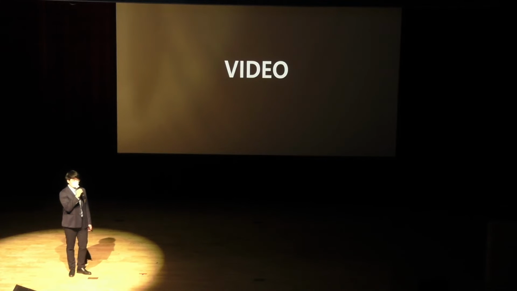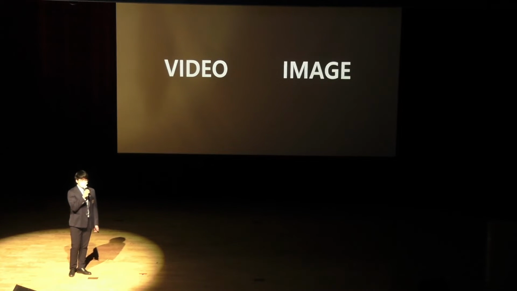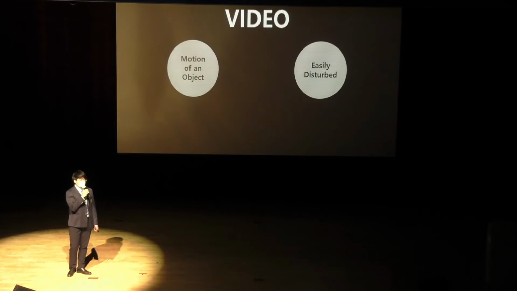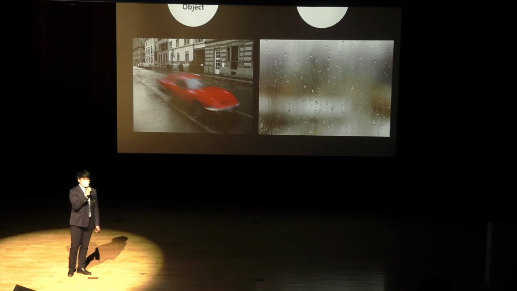But we have some problems. Image and video has huge differences. When things move fast, the appearances of object is unclear. If the camera is located outside, it can be easily disrupted by moisture, dust, and other things. The interference of humidity and dust can affect the quality of data.